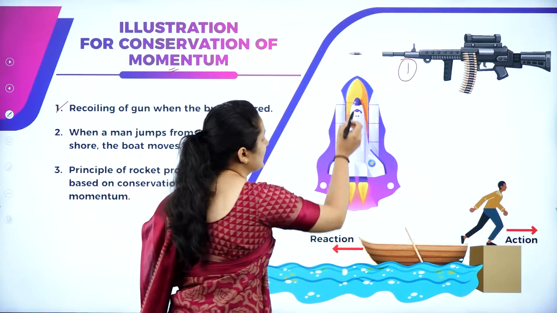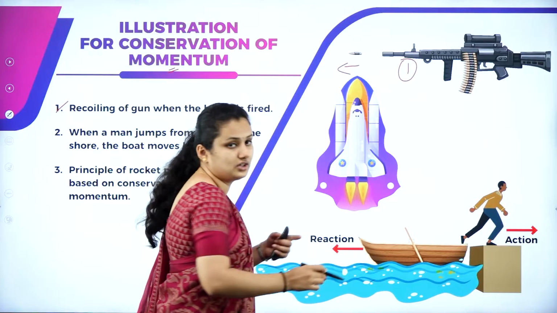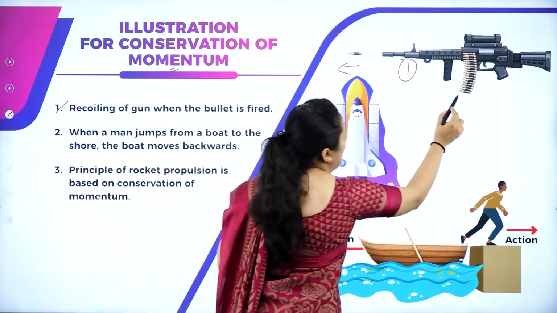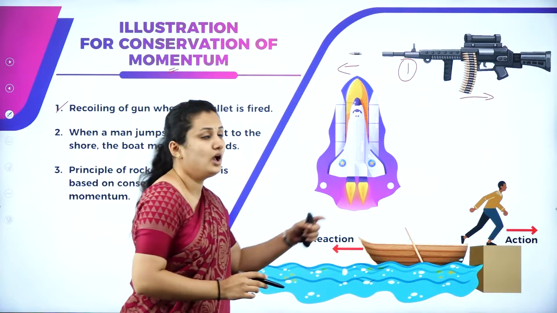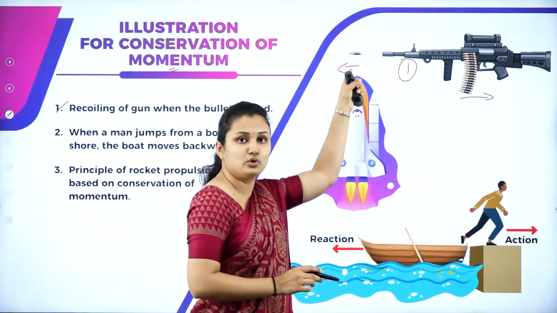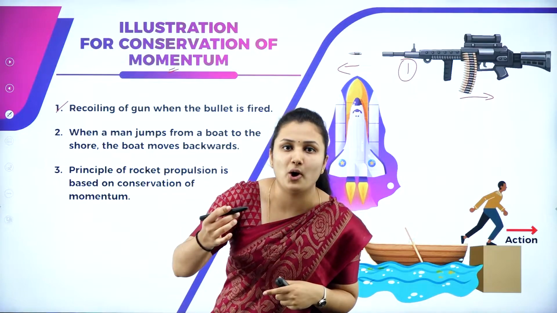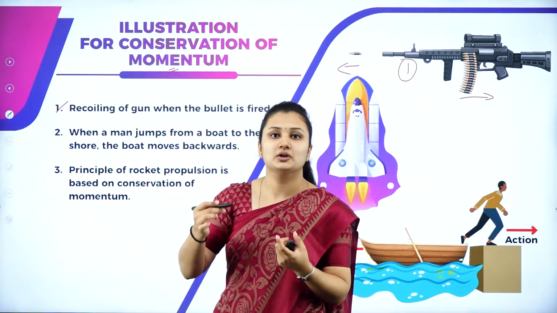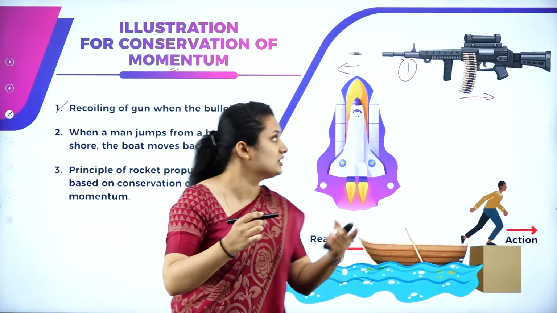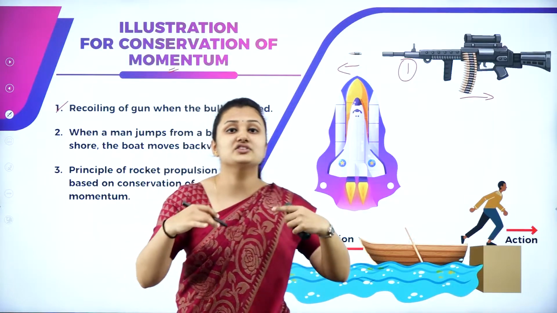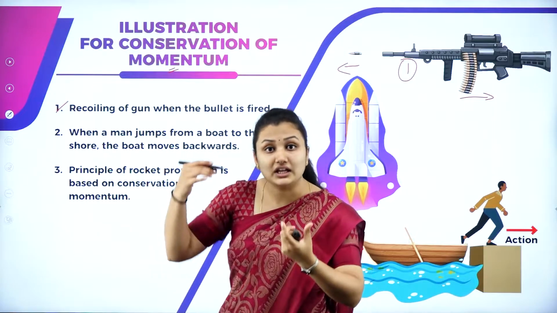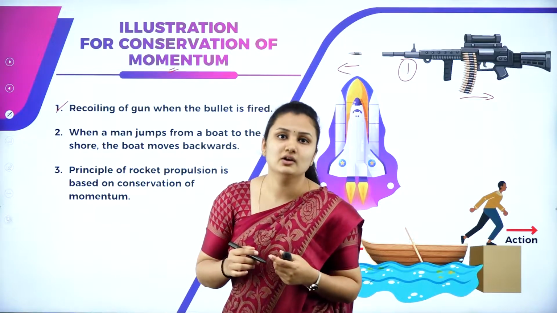That is what we call recoil. The backward motion of the gun is called recoil, and the velocity with which the gun recoils is called recoil velocity.